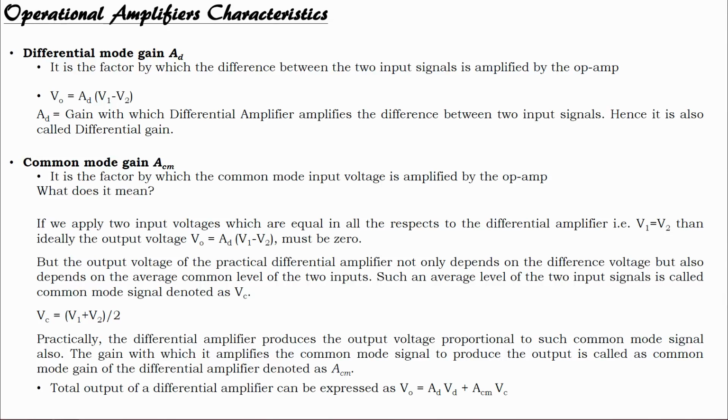The output voltage depends on AD into VD, where V1 minus V2 is VD, the differential voltage, plus ACM into VCM. So the output voltage depends not only on the differential mode gain, but also on the common mode gain and common mode voltage as well as the differential mode voltage.